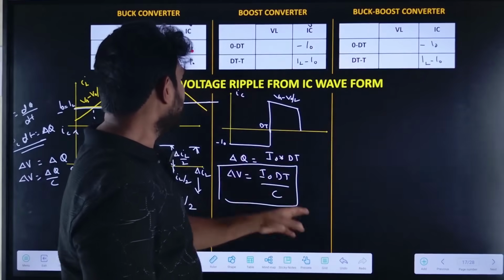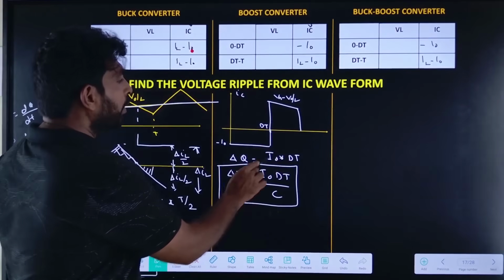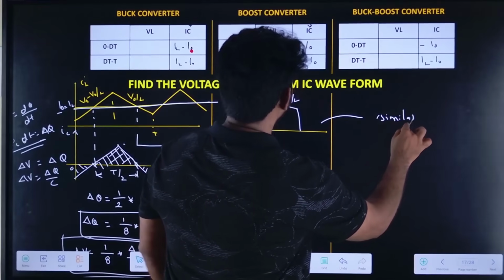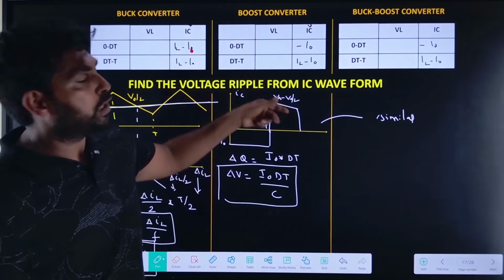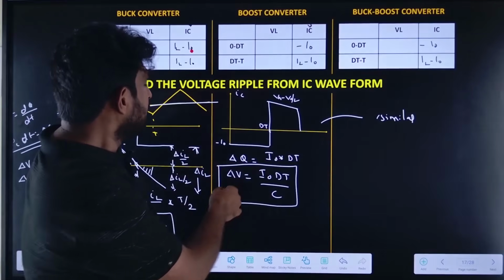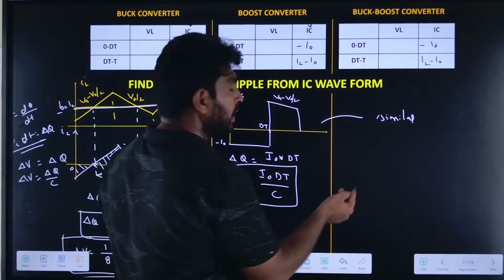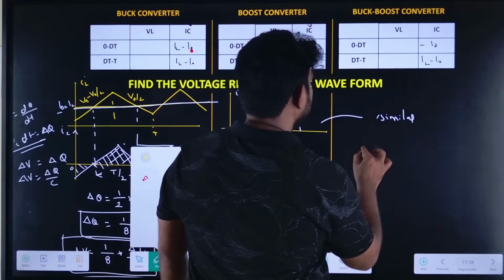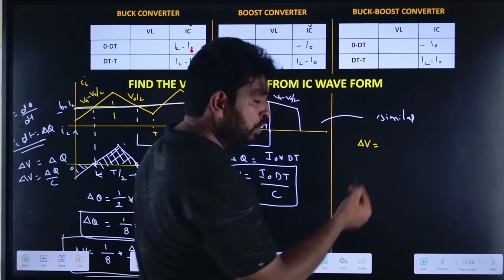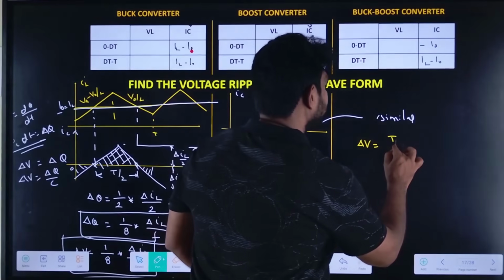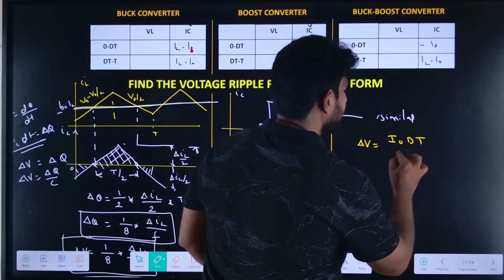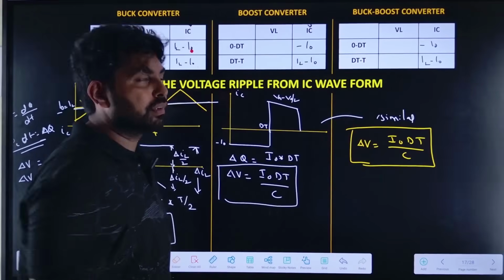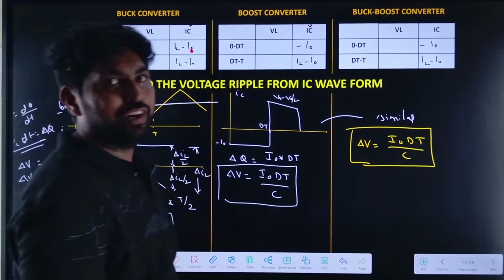A similar expression I got, because the IC waveform is similar, except the slope will be minus V naught by L. This expression is also similar, so delta V equals I naught into dt by C, or I naught into D by F. Right? So we have derived the voltage ripple.